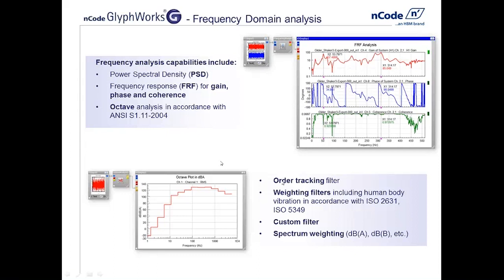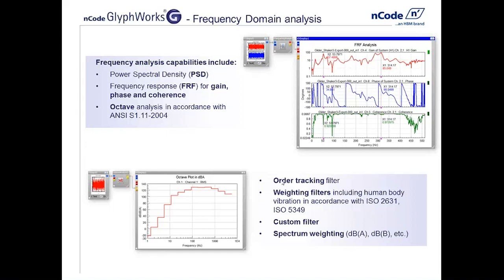We have several filters. One of them is the order tracking filter to track a given harmonic order, second harmonic, something like this, and you extract the time series, the spectrum from this order. We've got weighting filters to reproduce the human body responses.